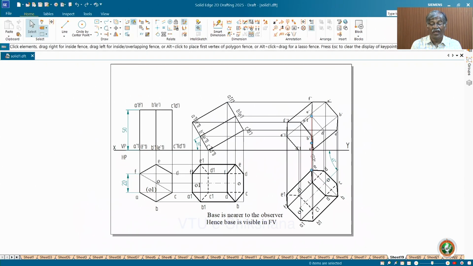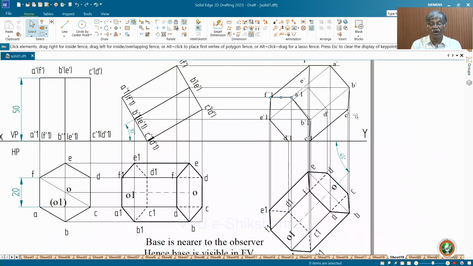Now I keep the boundary lines dark. Yes. Next comes the C dash, D dash, D dash, E dash, and E dash, F dash are dotted lines, because this is invisible surface and these are uncovered by the boundary lines, away from the observer.